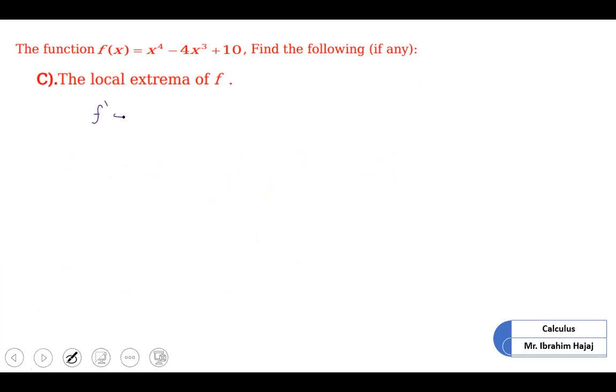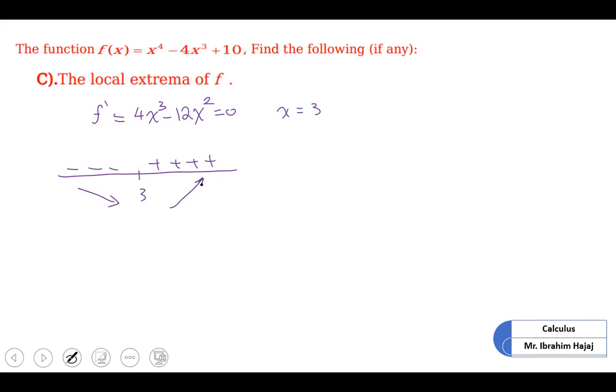Because the first derivative is equal to 4x cubed minus 12x squared. This two I forgot and it made a big problem. We said that we have only one critical number now, which is 3. Here it's negative and now it's positive, and the function is decreasing and then increasing.